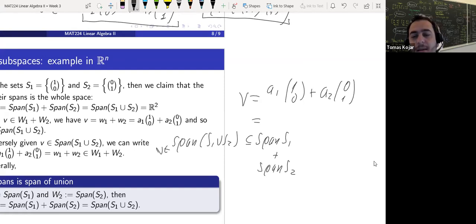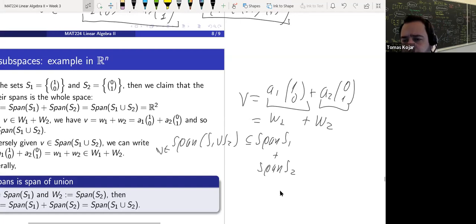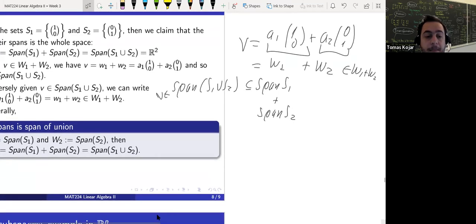But then we just said that W1 is a spanning set, so this is W1 and this guy over here is W2, right? But this is just an element of the sum. And that's all there is to it.